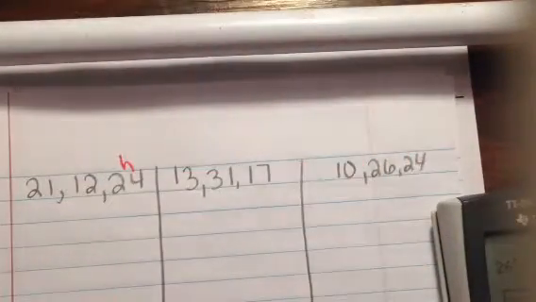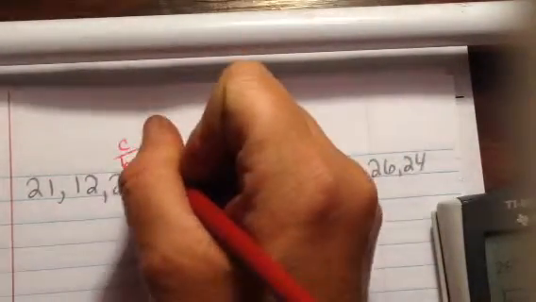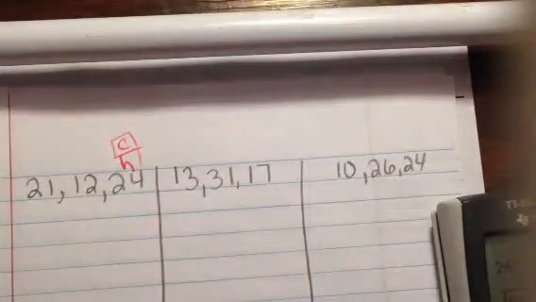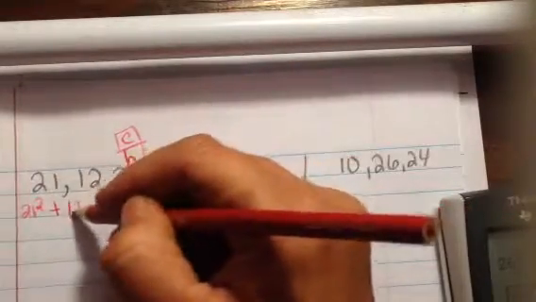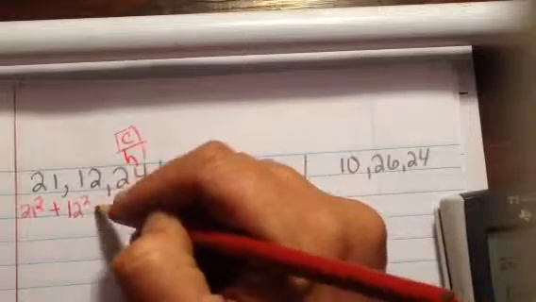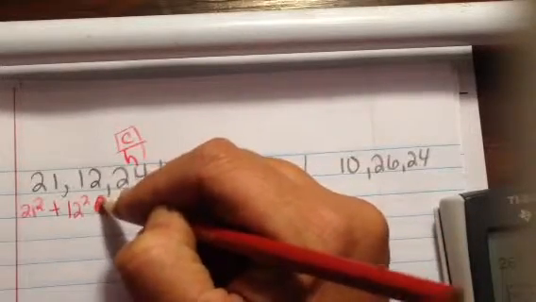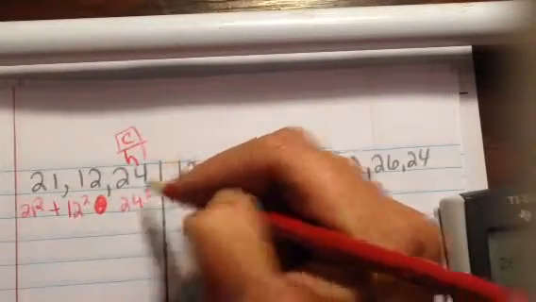We know that this is the hypotenuse, or C, because that is the longest side. So 21 squared plus 12 squared, or we're trying to figure out 24 squared.